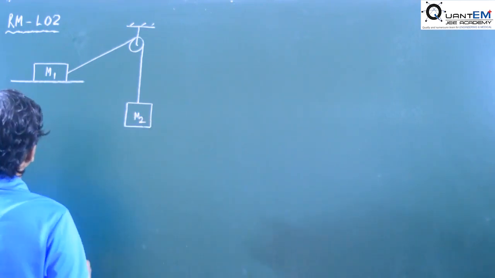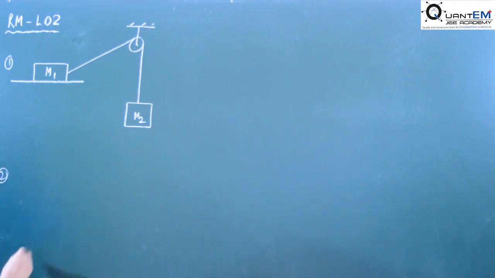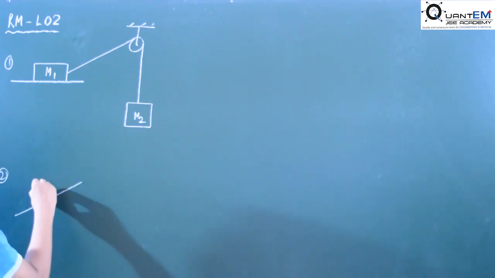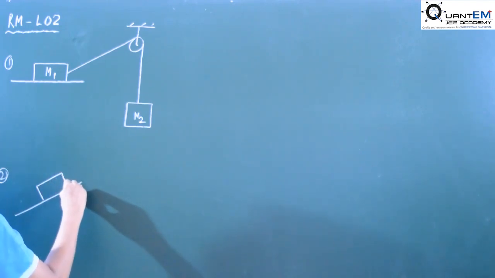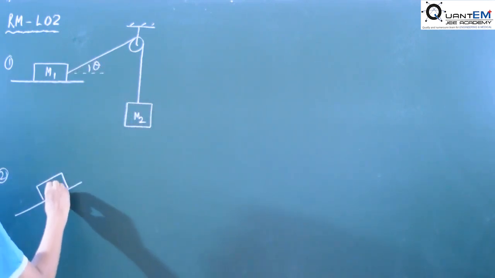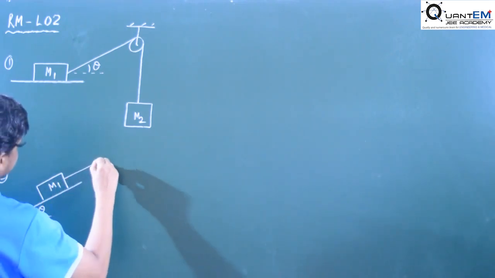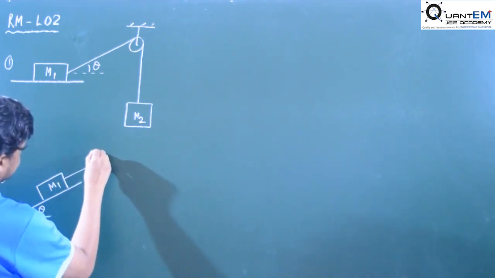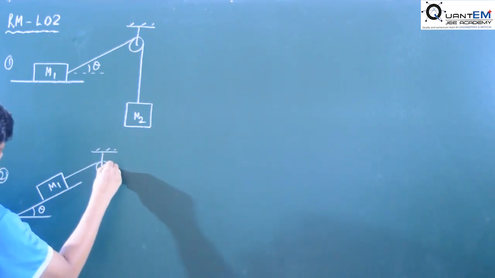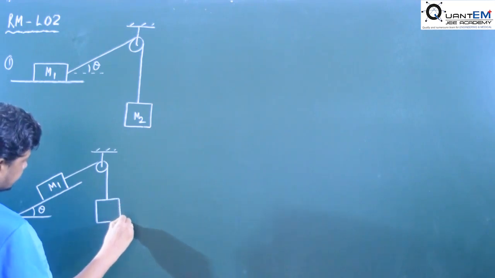This mass is m2. This angle we have is theta. This mass is m1. This angle is theta. And this mass we have m2.